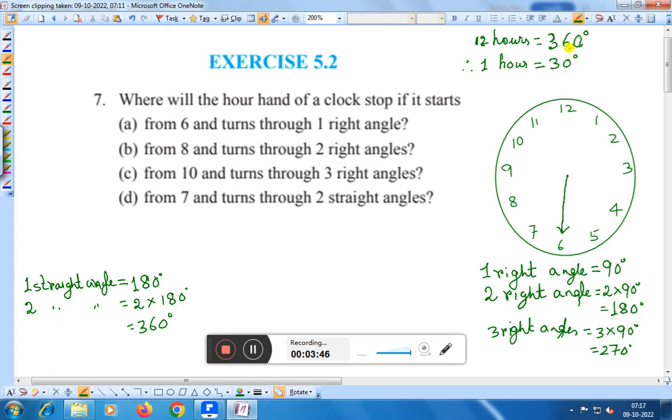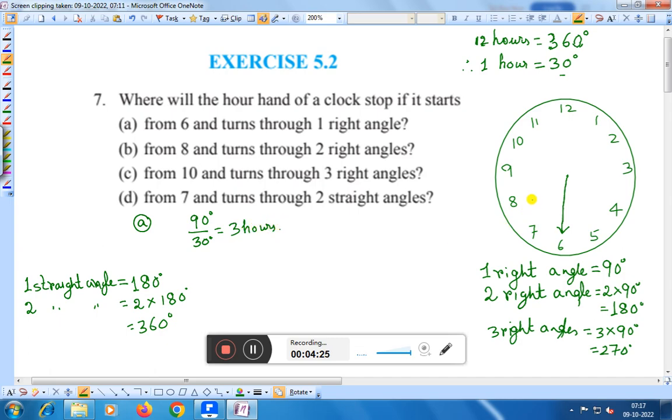Now from 6 it turns one right angle. Right angle means 90 degree. How many hours are we finding? That is question number A. One right angle means 90 degree, and 1 hour is equal to 30 degree. If we divide by 30 degree, then we are getting 3. That means 3 hours.